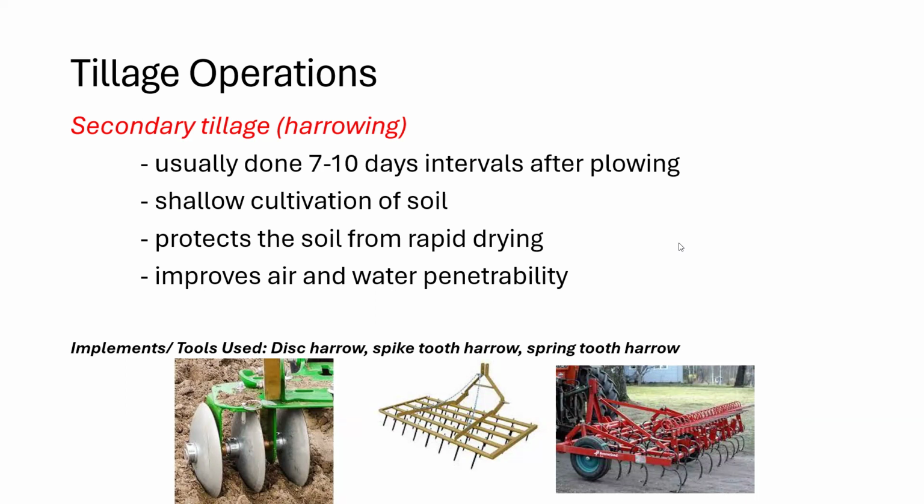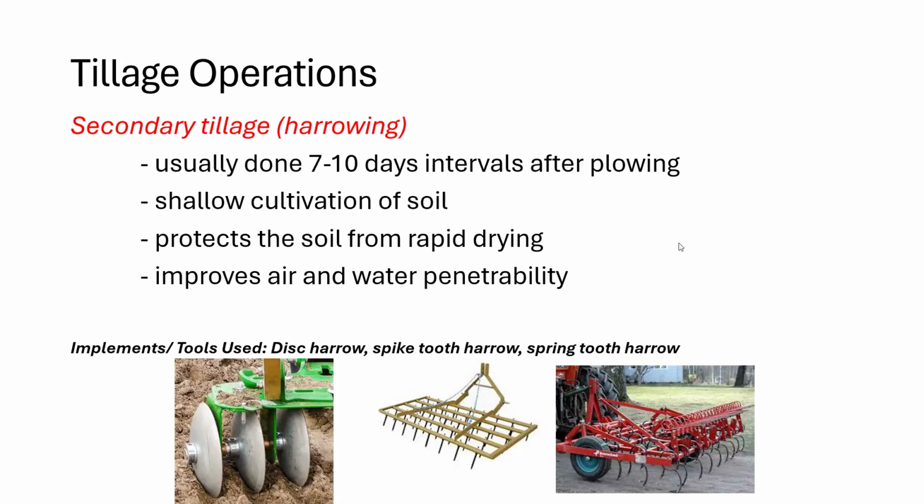Then the purpose of harrowing is to pulverize the clods that were left after plowing and to level the soil and also to destroy new weed growth. Then harrowing, sabi dito, it protects the soil from rapid drying and it also improves air and water penetrability.